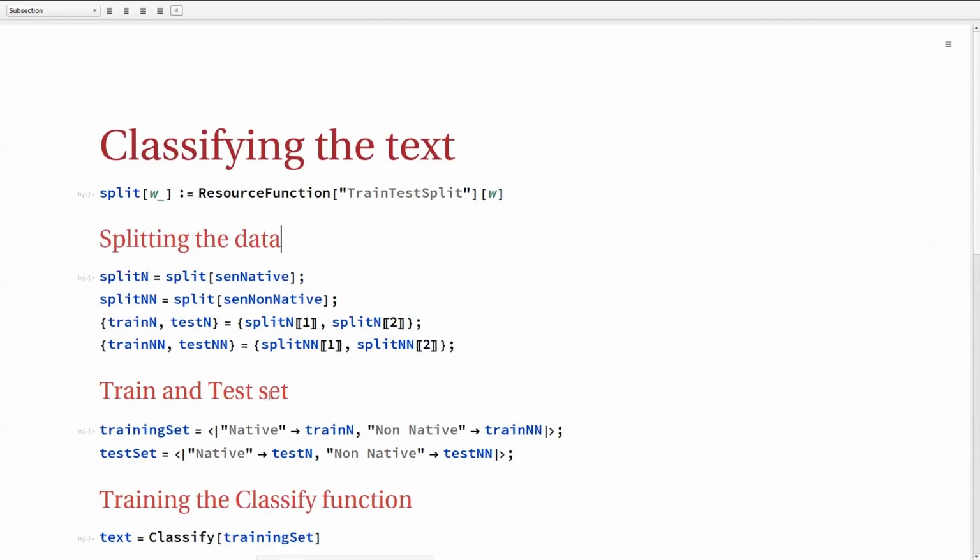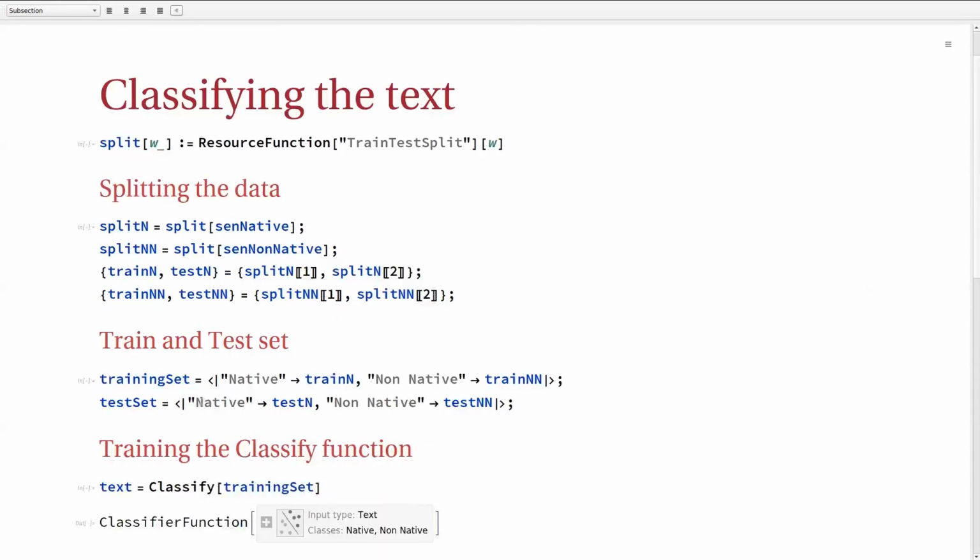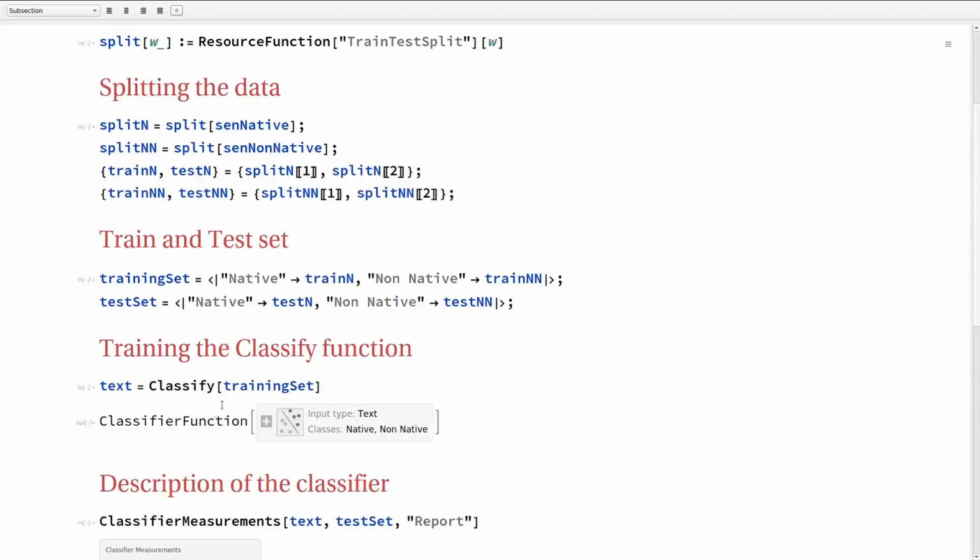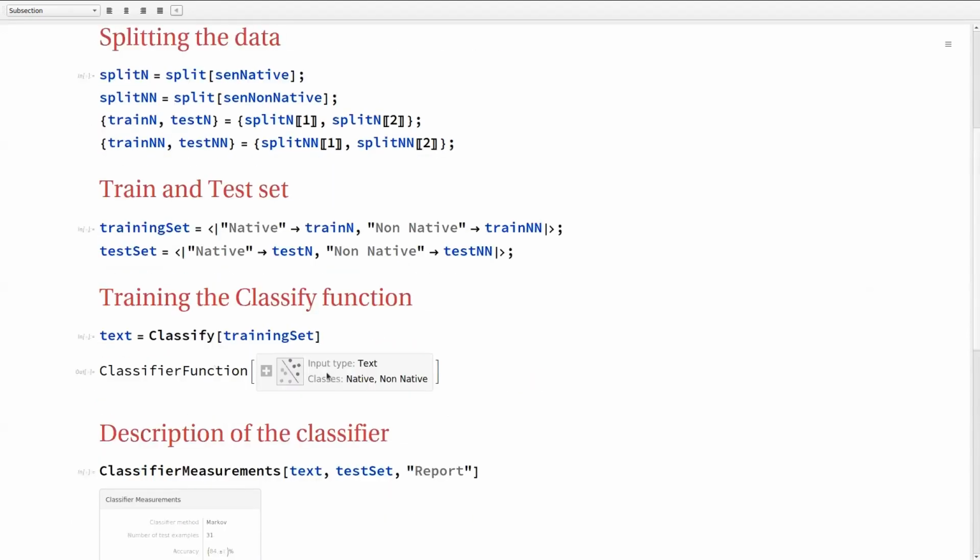Then we use the function classify, and it automatically identified the input as text.